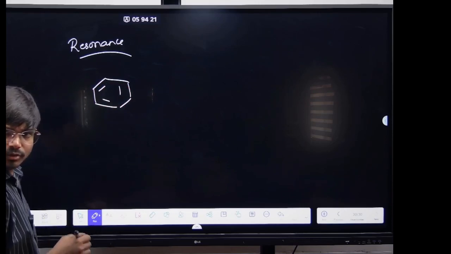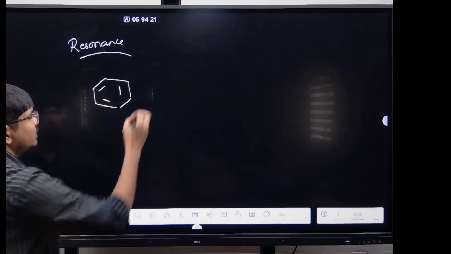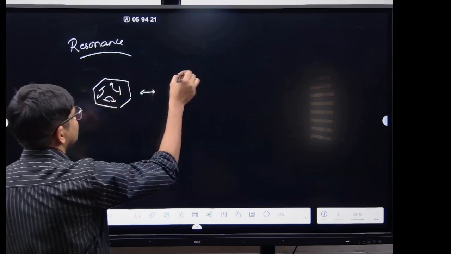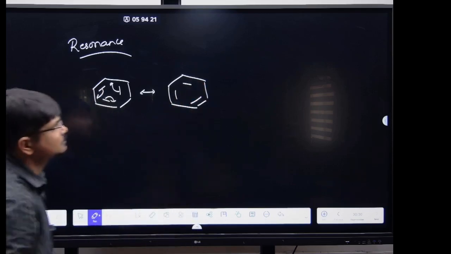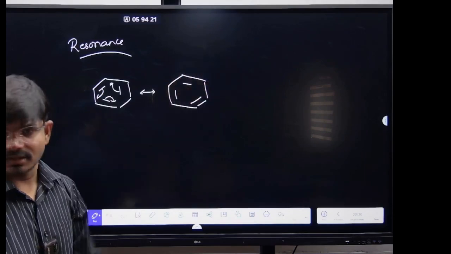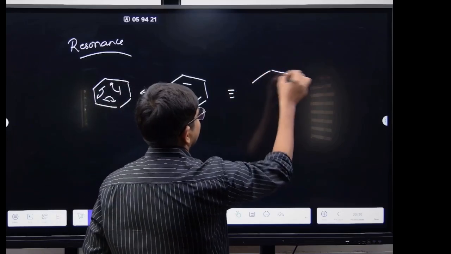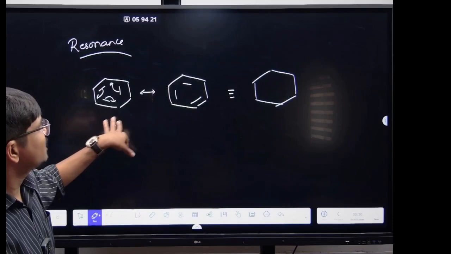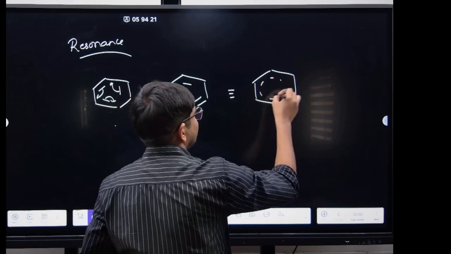Now you know that these pi electrons can move, so it can go here, it can go here, it can go here, so this will be like this, isn't it? So these are the canonical structures. The real structure will have the characteristics of this structure as well as this structure. So this compound will look like this.